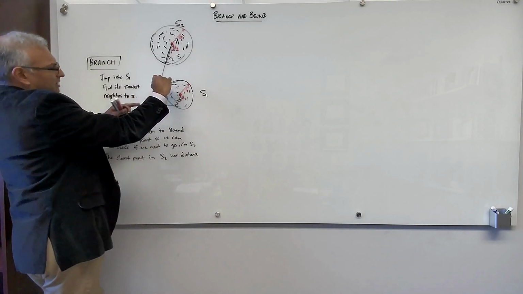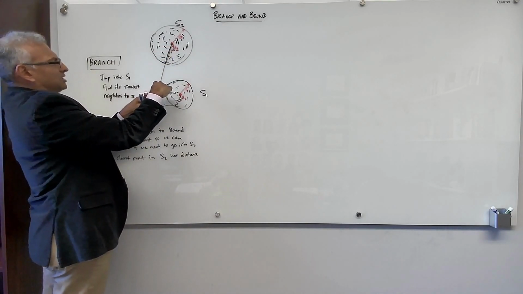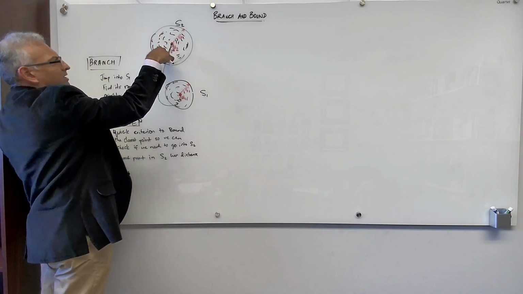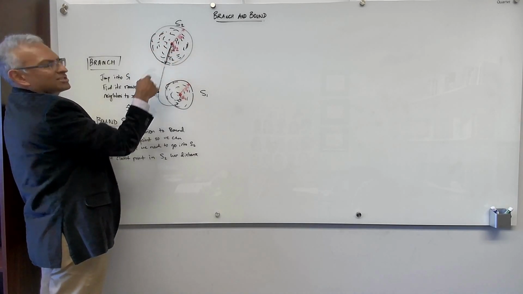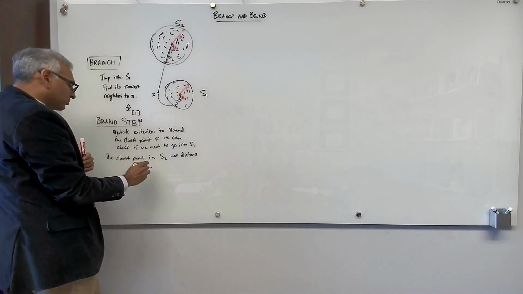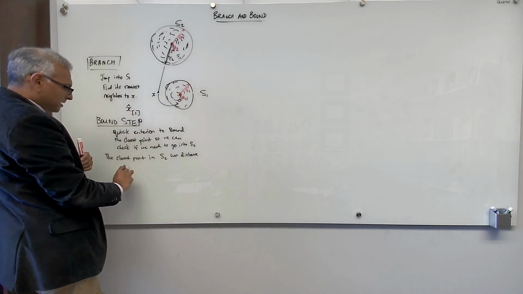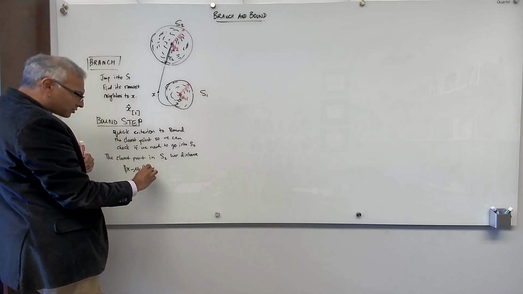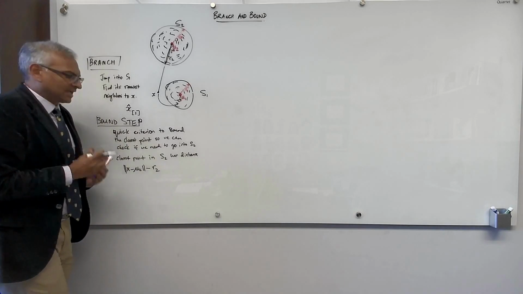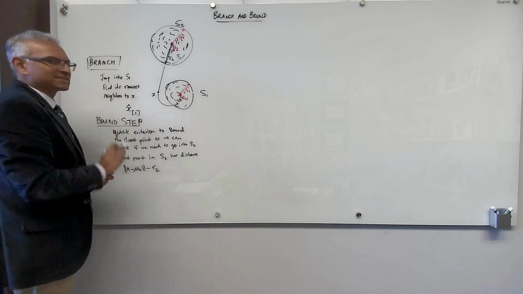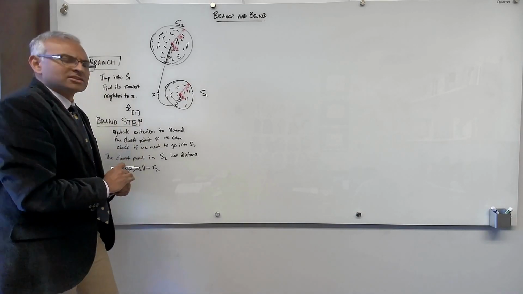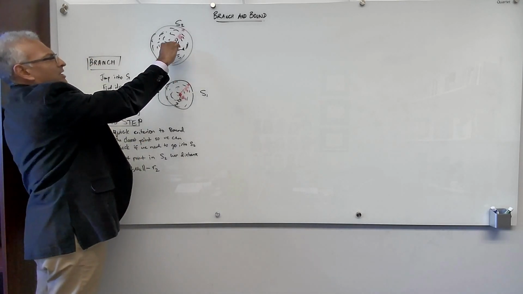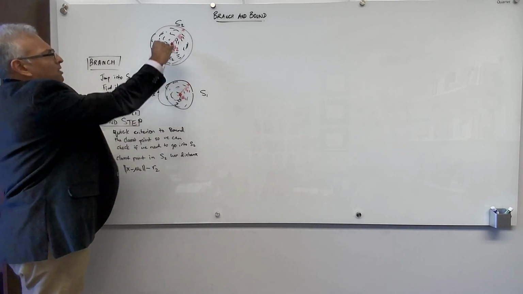If you take x and send a ray to this radius and then come back to where you hit the surface, that's the closest point. So the closest point in S2 has distance ||x minus mu2|| minus r2. I mean, not necessarily the closest point, but that's the closest any point can be if it's in this set, which has a radius of r2, as an upper bound of r2.